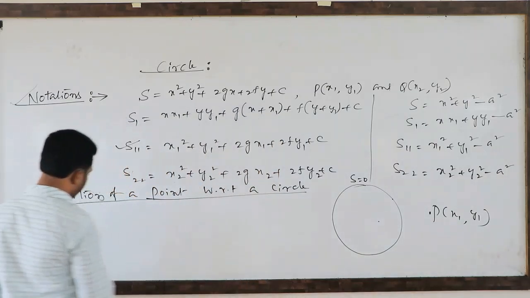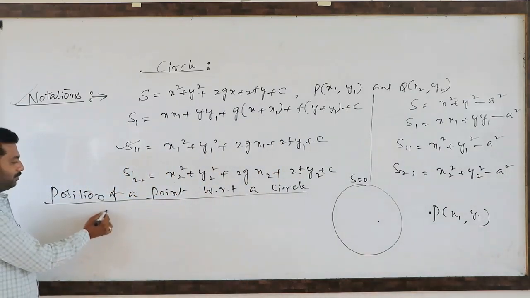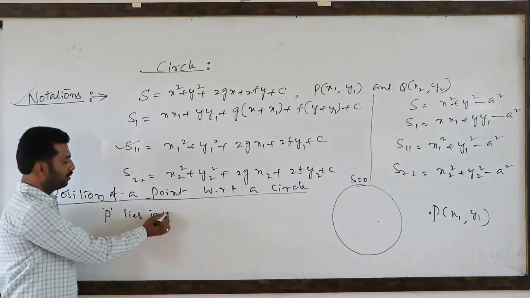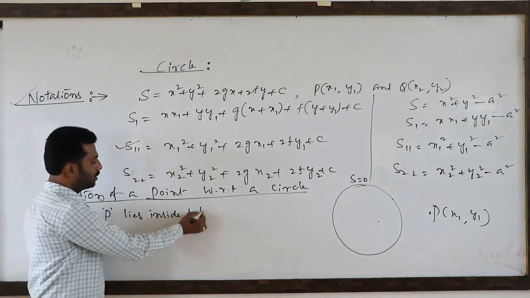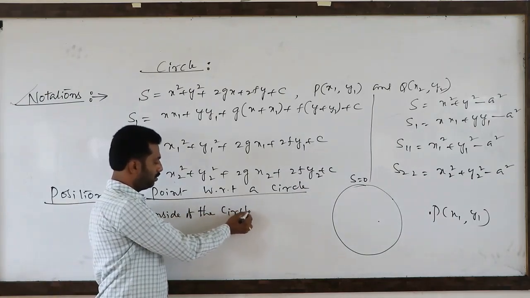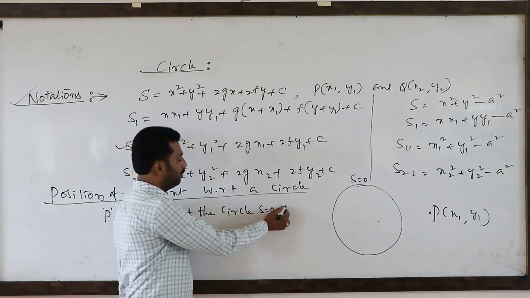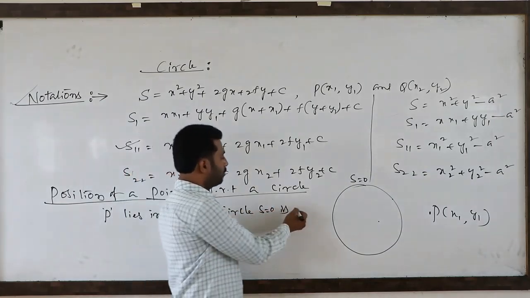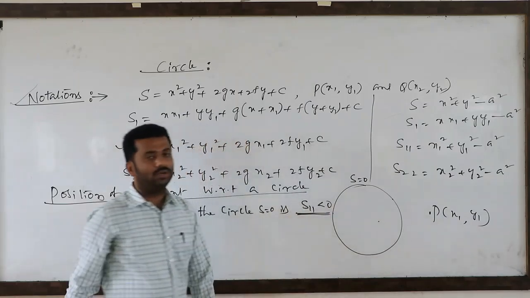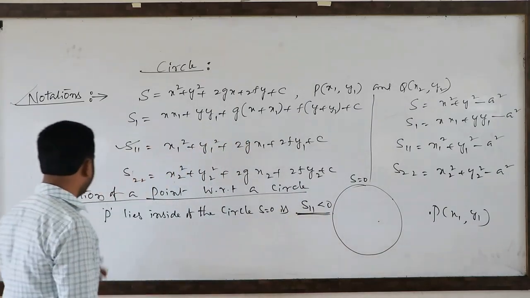So inside of the circle, see here, P lies inside of the circle: S11 negative. S11, how you will get?